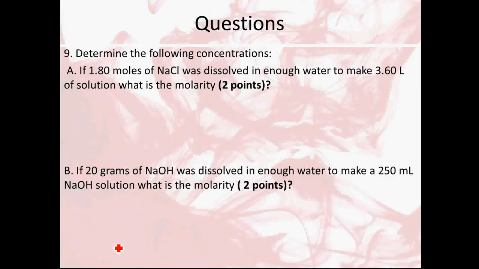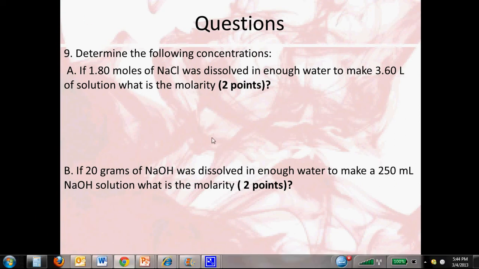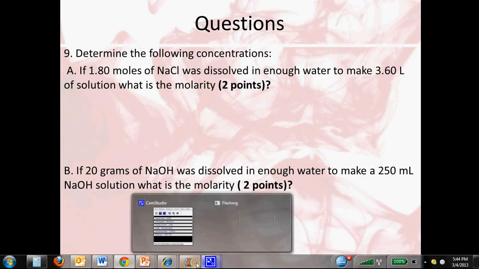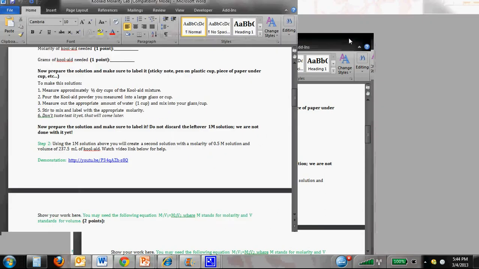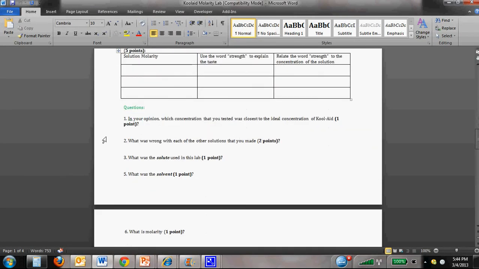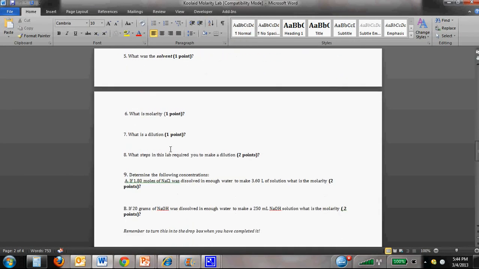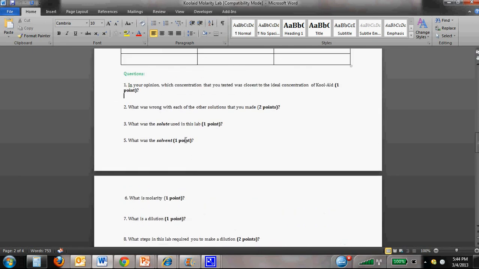Alright, and then we skipped over, if you look at the handout, questions 1, 2, 3, 4, 5, 6, 7, and 8 because these are questions that we've discussed already.